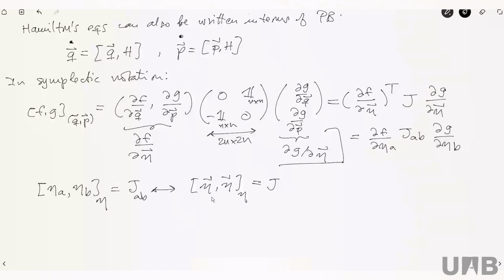You have to be careful with the indices here. Eta with eta means eta A with eta B for all A and B. Of course, eta A with eta A is going to be 0, but eta A with eta B is not 0. So this is what it means.